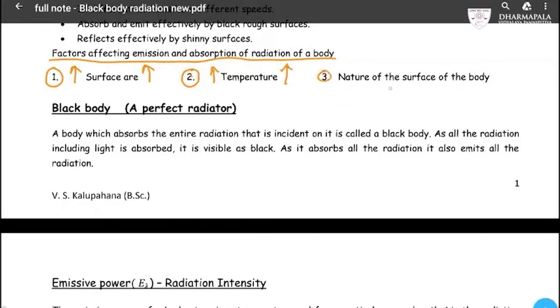And nature of the surface. Nature of the surface means whether it's a black rough surface or a shiny surface, rough or smooth. That nature will determine the amount of radiation absorbed by it.